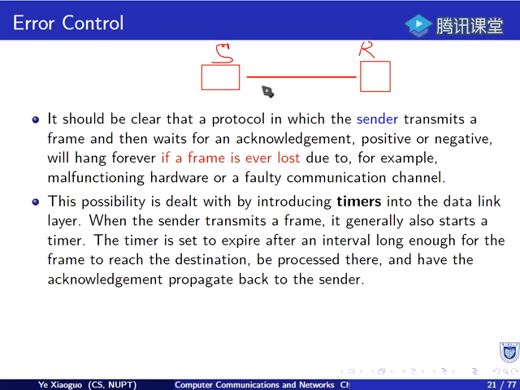But if the frame is lost, then the sender will wait forever and cannot transmit the next frame. It never begins to transmit the next frame. Then what can the sender do?